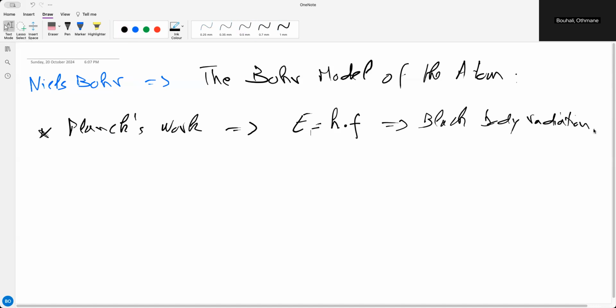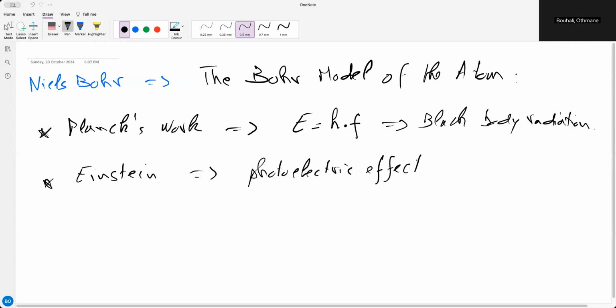He was also impressed by the way Einstein solved the issue of the photoelectric effect. If you remember, the photoelectric effect tells us that when you shine light of a specific frequency above a certain threshold on a metal, this light will extract electrons from that metal.